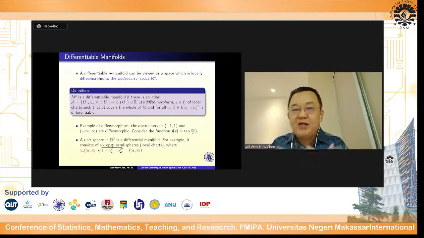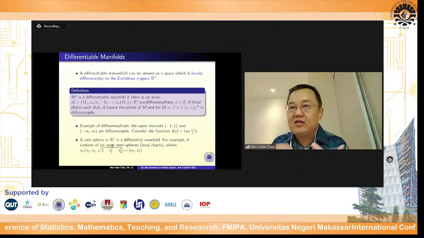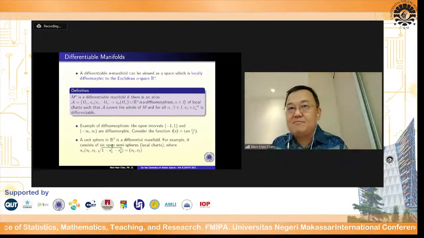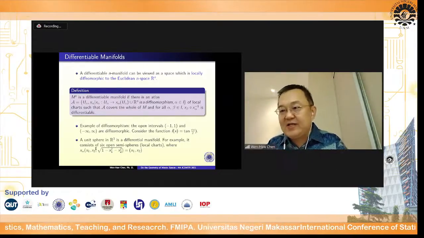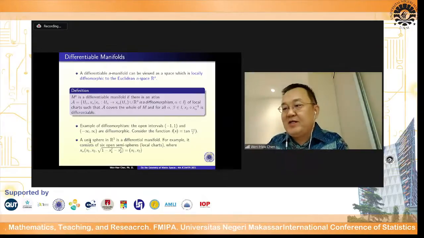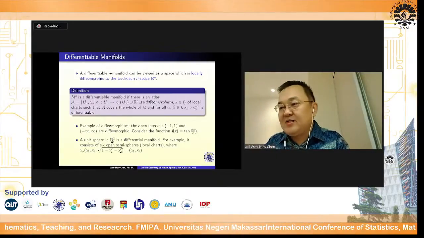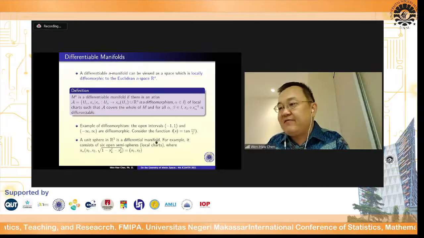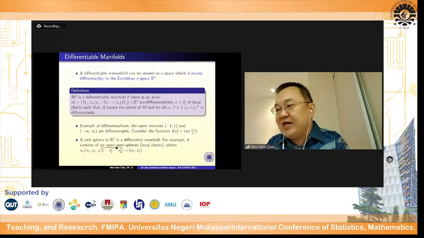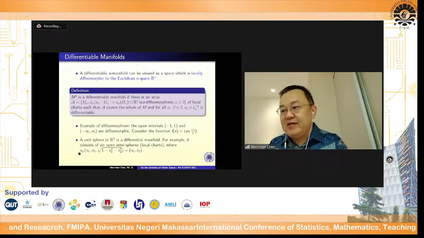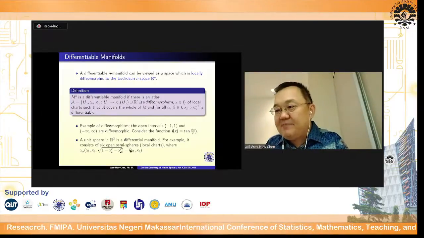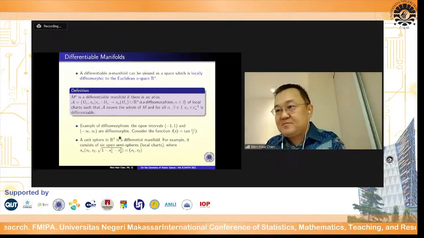And what about an example of a differentiable manifold? We can use this very common example: the unit sphere in space is a differentiable manifold. For example, we can make it locally diffeomorphic to Euclidean space, with the map just like this.